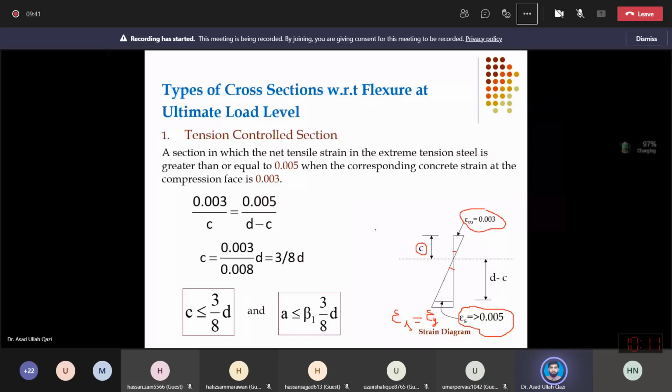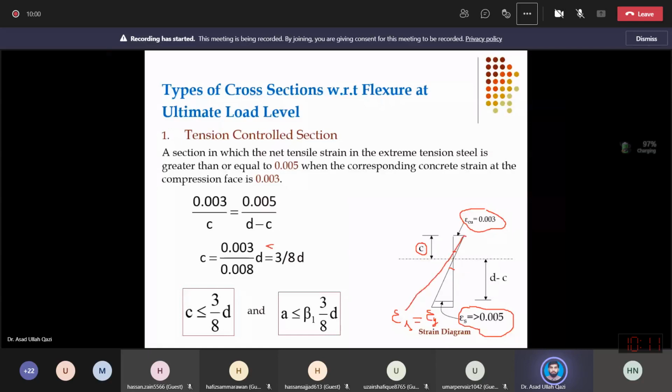So all neutral axis depths equal to 3/8 of effective depth or less than this will reflect that the cross section is ductile, it is tension controlled, under reinforced.